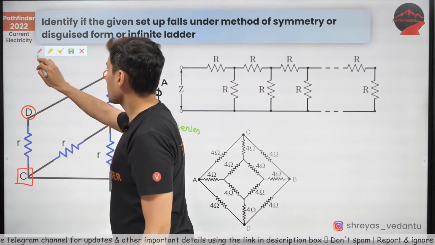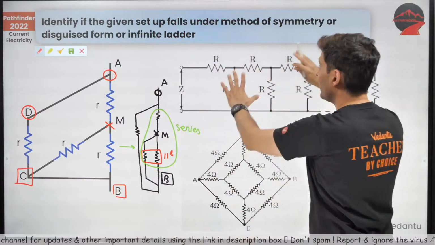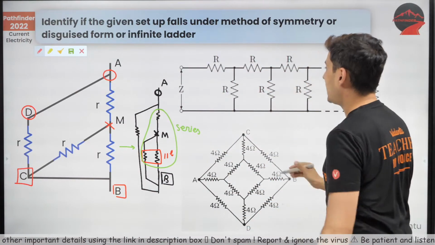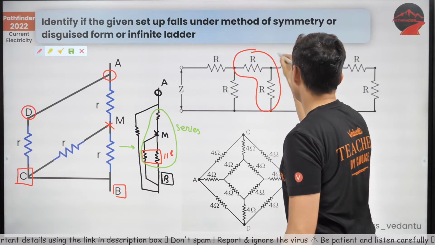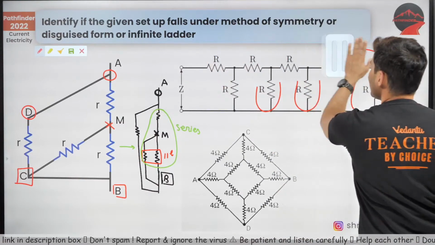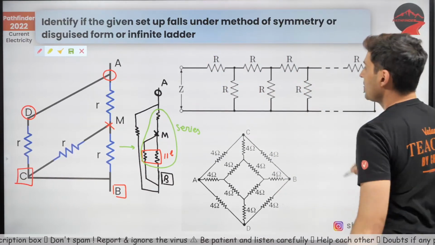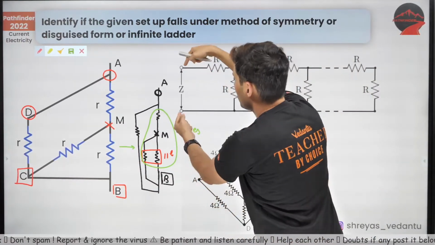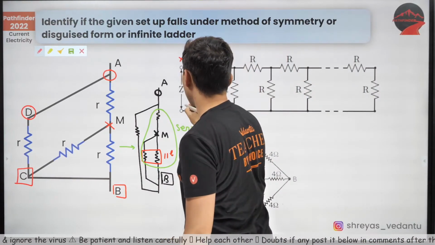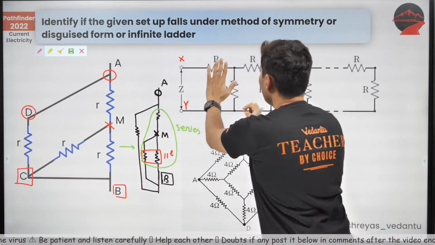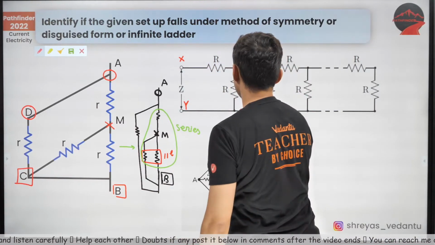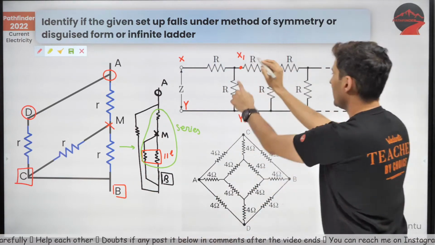Now, the next thing that you should remember is when resistors are in infinite form, you will see a repeating pattern. You can see this pattern is getting repeated again. So once you see a repeating pattern, understand that the resistance between these 2 points, let's call these points X and Y, will be the same as the resistance between these 2 points X1 and Y1, correct?